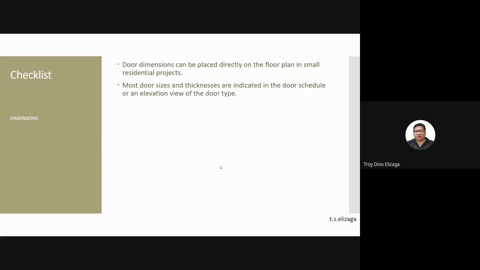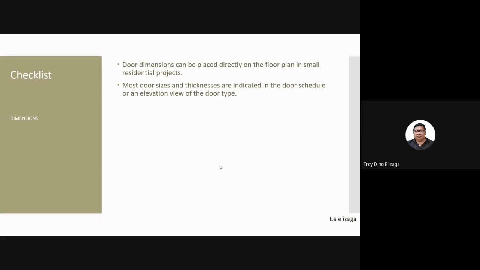And in dimensions, door dimensions can be placed directly on the floor plan in small residential projects, and most door sizes and thicknesses are indicated in the door schedule or an elevation view of the door type. Okay, so the details of the schedule, for example, I notice in some work that in the floor plan, even when the scale is big, like scale 1 is to 50 or 1 is to 30, some students would draw the door in a lot of detail, like a door panel.